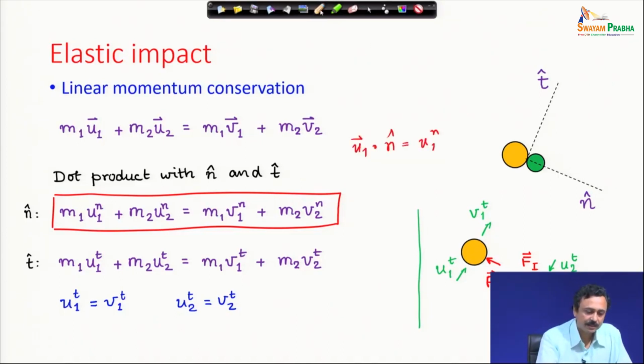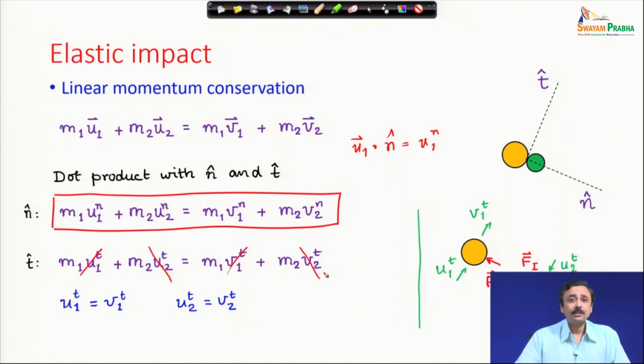What it means is this is equal to this and this is equal to this. The velocities in the tangential direction of the individual particles, incoming and outgoing, are the same. So, this component, the tangential component of the linear momentum conservation, is trivially satisfied.